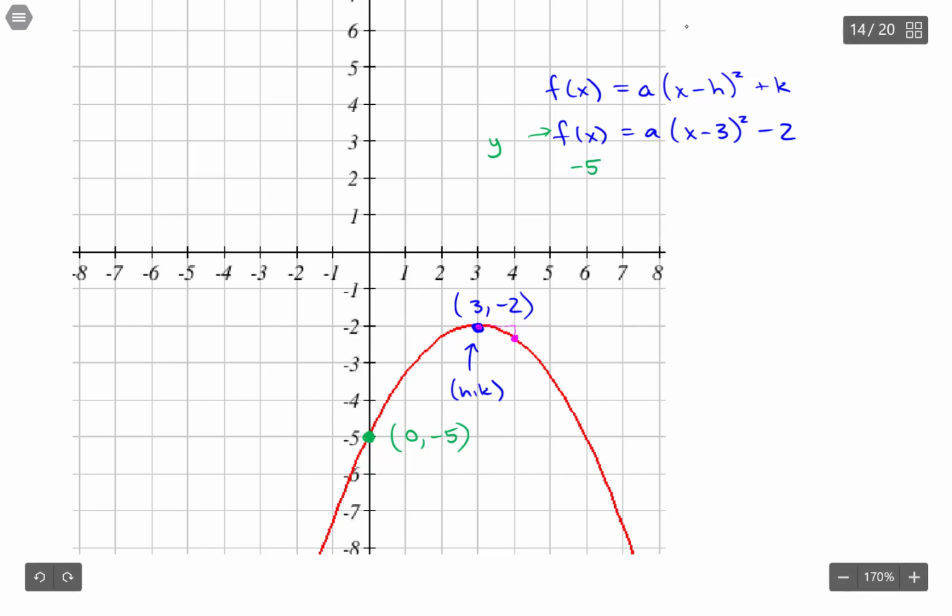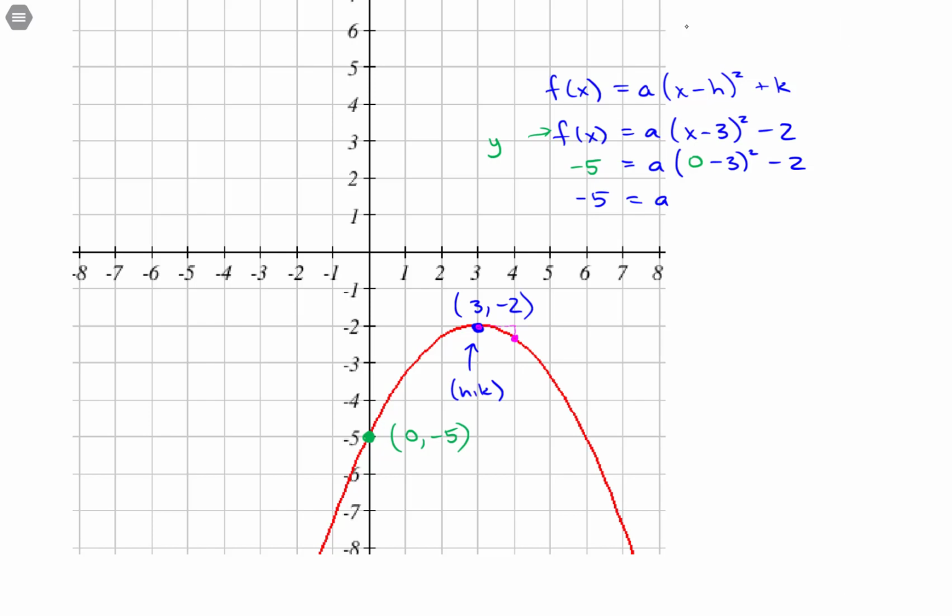So we can say this is -5 equals a times 0 minus 3 squared minus 2. So -5 equals a times -3 squared is going to be 9, so a times 9 minus 2.